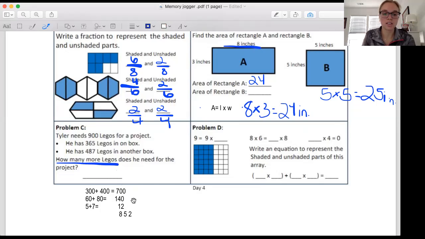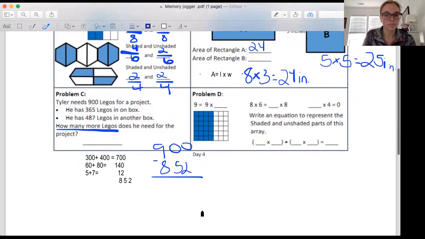So I could either take 900 and subtract 852, but that gets a little tricky with our zeros there.